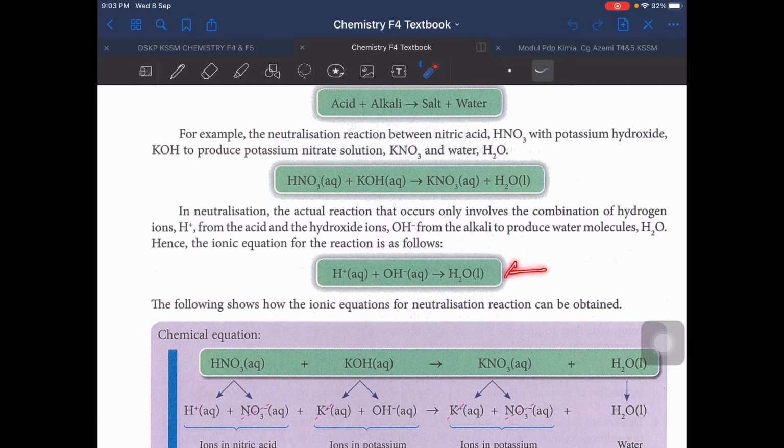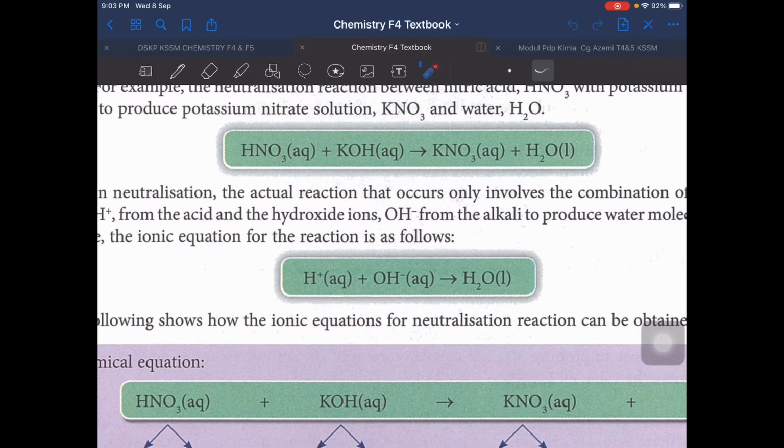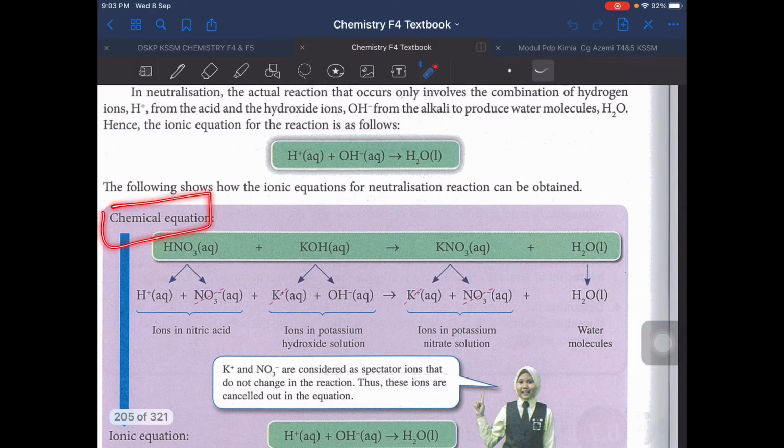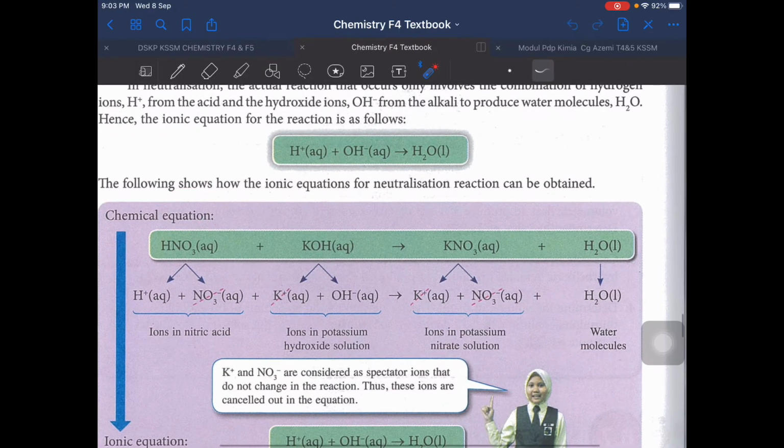An ionic equation is an equation that shows charges on the substances. First, you need to have the chemical equation. In the chemical equation, you need to ionize it. Ionize means you need to write out the ions in the substances.